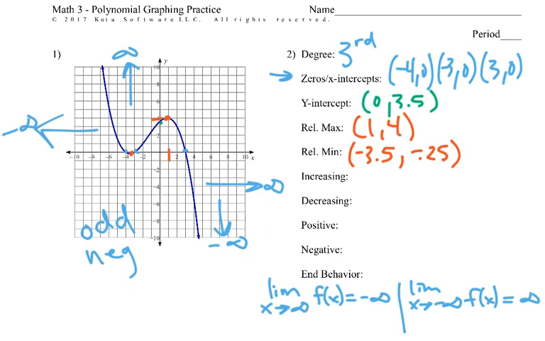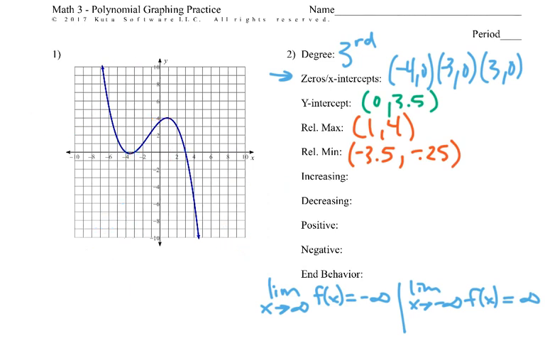So now we've got to deal with the intervals, don't we? So increasing and decreasing. So remember, we start here left to right. So I start at negative infinity, and it's going down till I hit that minimum. So decreasing from, we use a parentheses for infinities, so negative infinity until we hit about that negative 3.5.